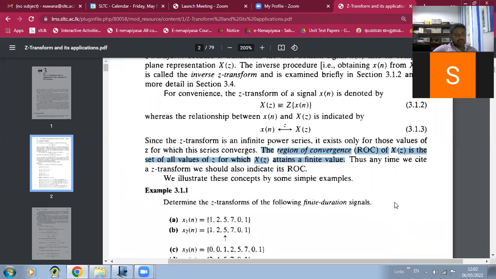And we have to find the ROC depending on that power series. So different power series will have different ROC. We have to analyze what is the ROC for that specific power series. Did you get this?